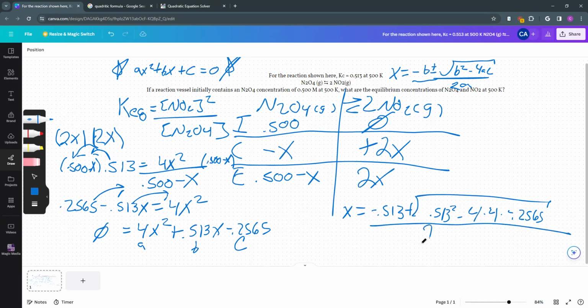All of this is going to be divided by 2a. All right, since we have to do a plus and minus term, let's just do the square root. Let's knock that out. So 0.513 squared minus 4 times 4 times negative 0.2565. And I'm going to square root all of that.